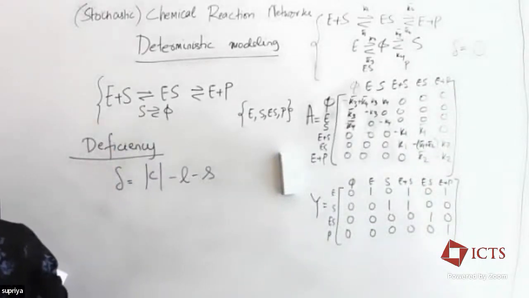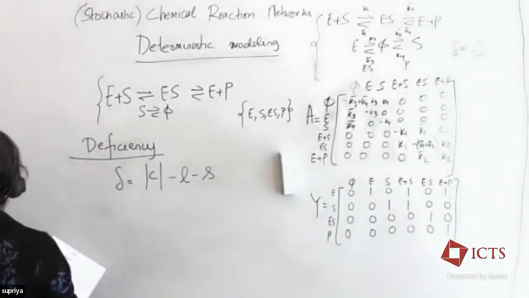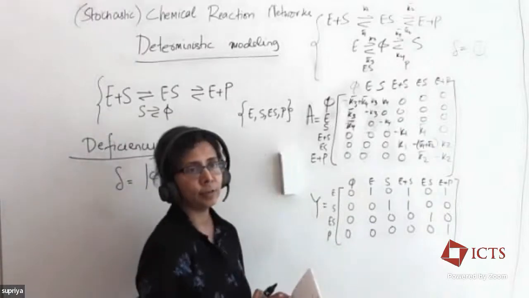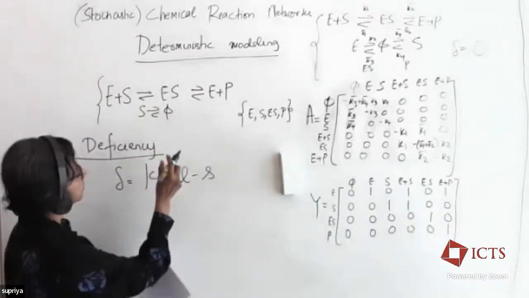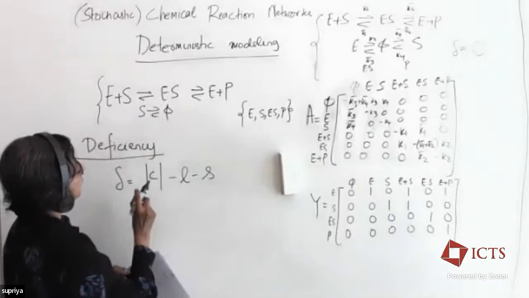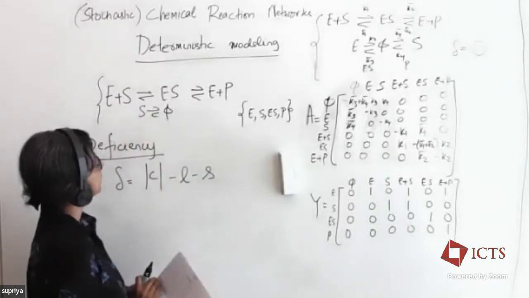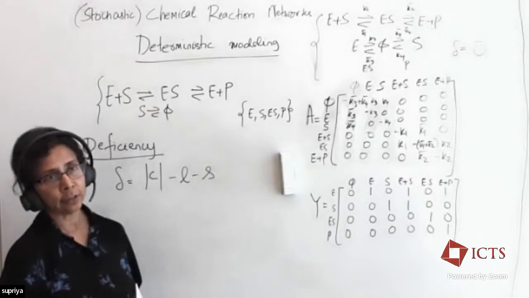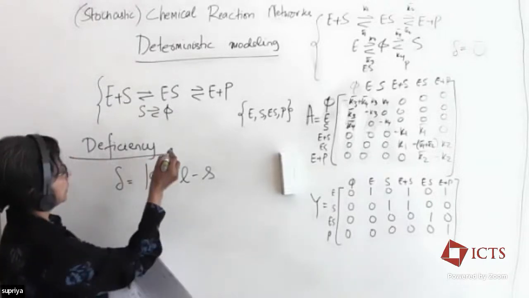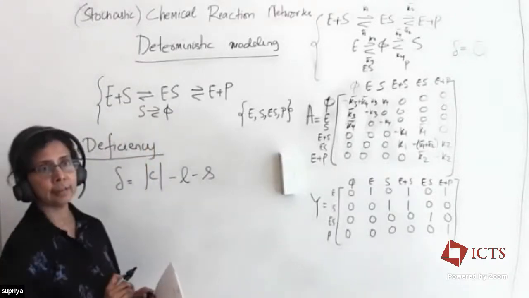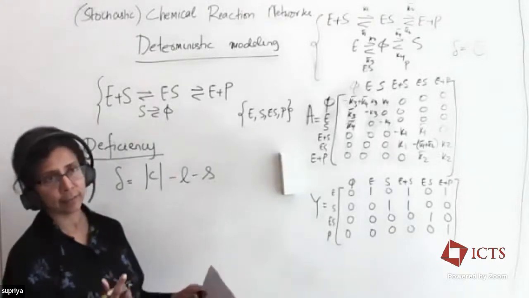Okay, what about this one? We have 5 complexes, 2 linkage classes, but we said that the stoichiometric subspace became 3, so deficiency is again 0 there.